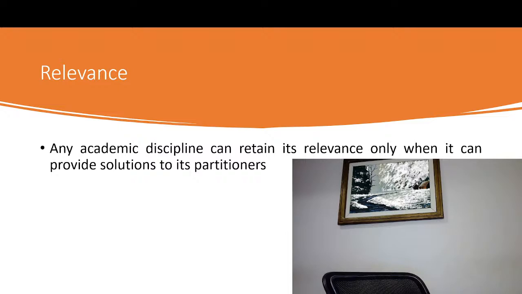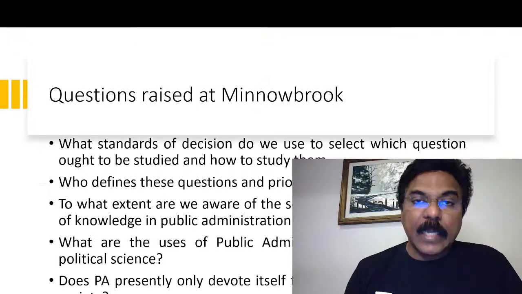So what are the questions they raised at Minnowbrook? What standards of decision do we use to select which question ought to be studied and how to study them? Who defines these questions and priorities? To what extent are we aware of the social and moral implications of knowledge in public administration? What are the uses of public administration as a social and political science?